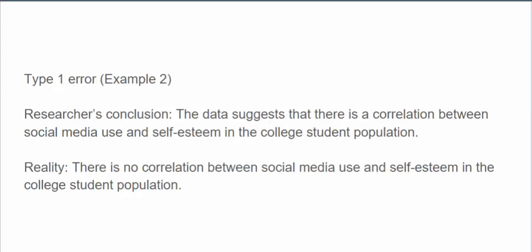But let's imagine that in reality, there's actually no relationship, and that users and non-users are actually equal on average. Well, that would be a type 1 error. That's another false alarm.